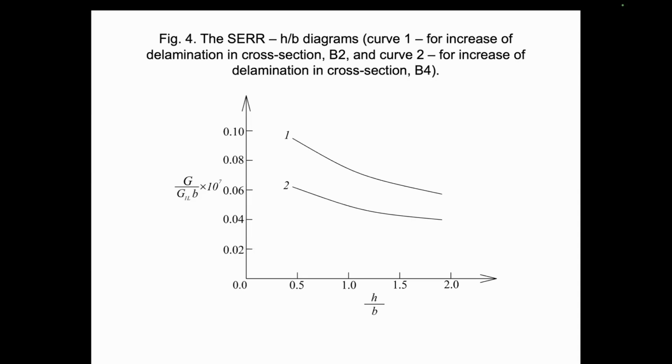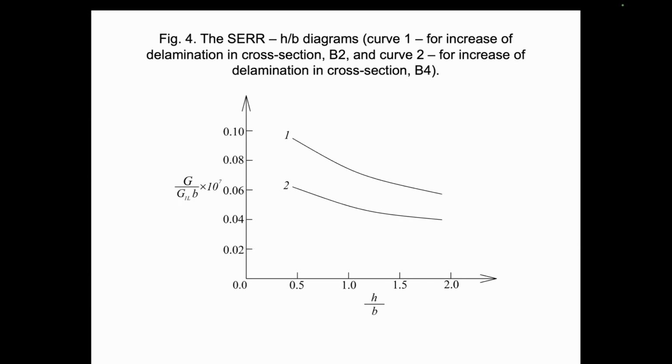The graphs 1 and 2 in figure number 4 correspond respectively to increase of delamination in the delamination tips situated in cross sections B2 and B4 of the beam structure. There is a qualitative similarity between the two graphs in figure number 4.